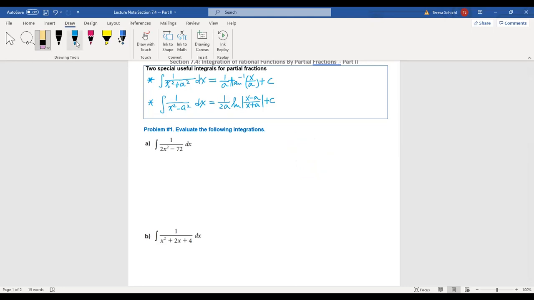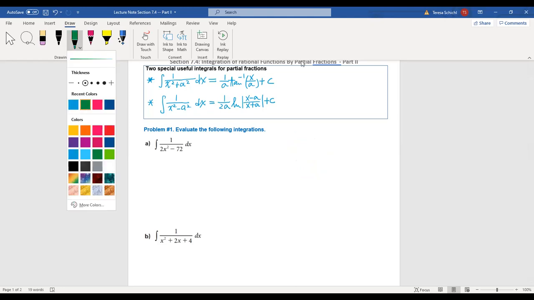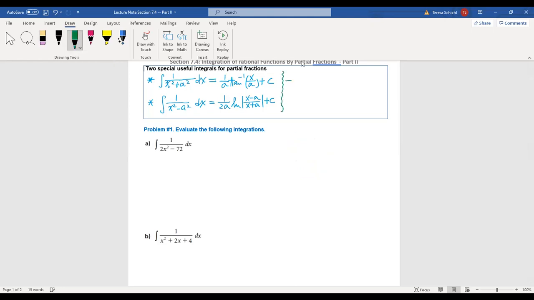All right. For the first one, you still can do what we did for the trig substitutions. In order to get the first formula, you can do the substitution x equals a tangent theta.